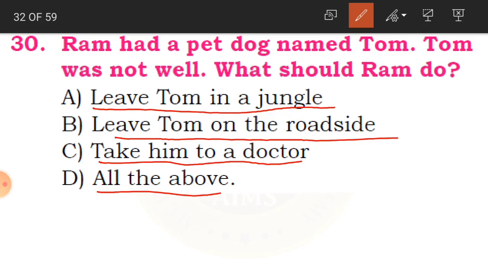So what is the correct option, children? Suppose you have any pet animal with you, whether dog, cat, parrot, pigeon, whatever it may be. What will you do if it falls sick, if it is hurt, if it is not feeling well? Will you throw it away? Will you send it away? No. When you feel ill, what are your parents going to do?